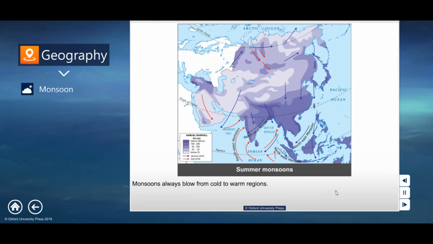Monsoons always blow from cold to warm regions. When the sun shines directly over the Tropic of Cancer, or 23.5 degrees north, Central Asia experiences summer. The air above the land gets heated, rises, and creates a low pressure region.